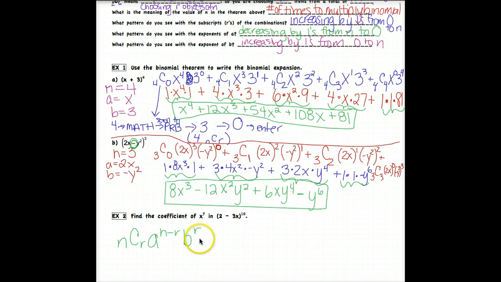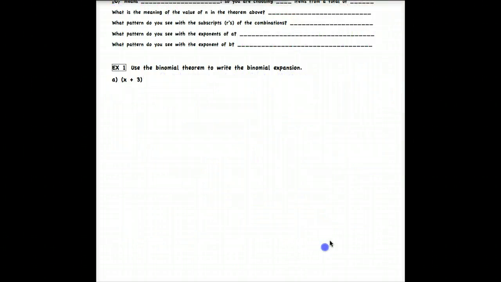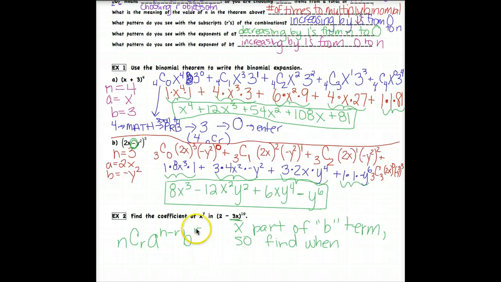If it wants you to find the coefficient of x to the 7th, your x is part of your b term. So if it wants the coefficient of x to the 7th, it's wanting you to find when r is 7.